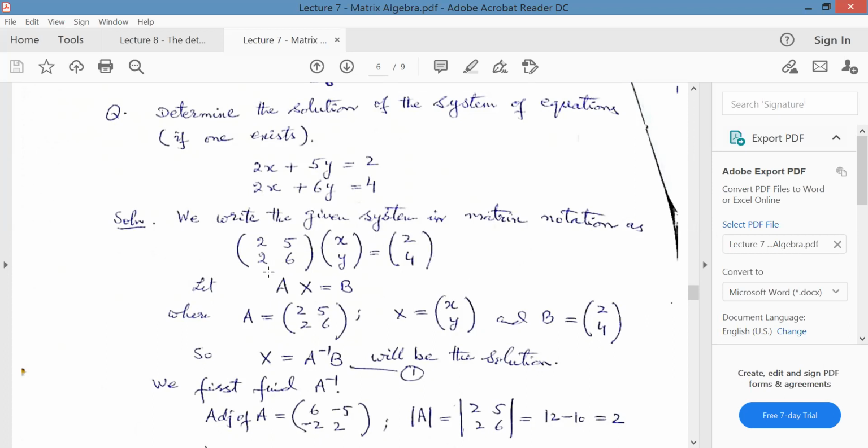Symbolically we attach the symbols as coefficient matrix को A कह दिया, variable matrix को X कह दिया और constant matrix को B कह दिया. So AX equal to B, where A is this matrix, X is xy matrix, and B is the constant matrix.